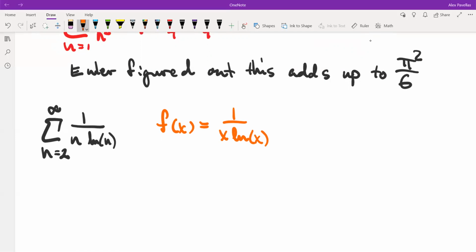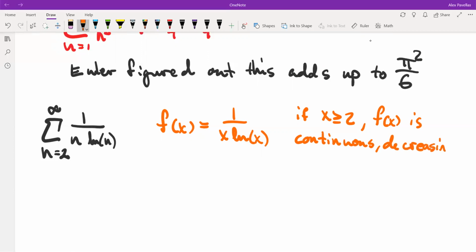But if x is 2 or bigger, this is continuous and decreasing. So if x is greater than or equal to 2, this function is continuous, decreasing towards 0. And you can verify that this limit is 0.